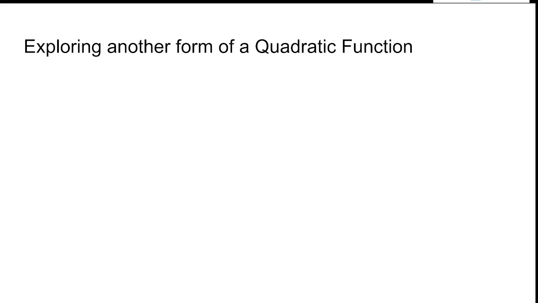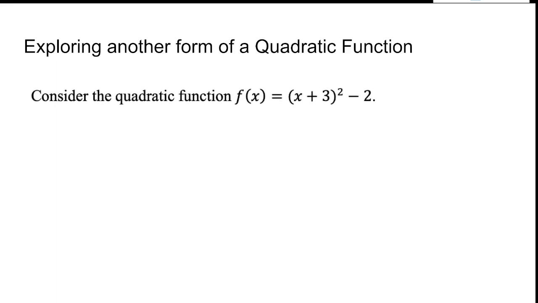So let's just take some time and explore what we can have happen with another quadratic function. This time a little more interesting than just an x squared function. We're going to consider the quadratic function given here. It's always good if we can use our graphing calculator or use Desmos, which is what I like to do.